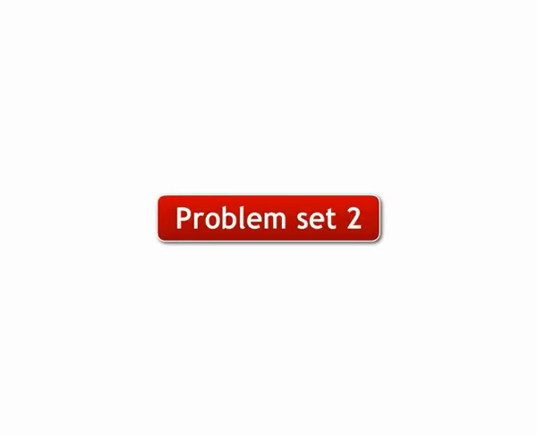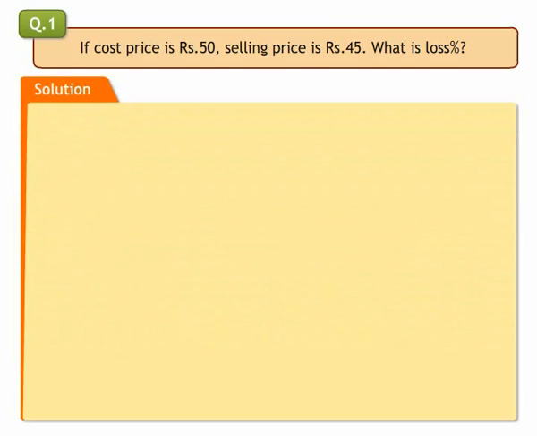Now, let us solve some sums from problem set 2. 1. If cost price is rupees 50, selling price is rupees 45. What is loss percent? Solution. Cost price is rupees 50. Selling price is rupees 45.